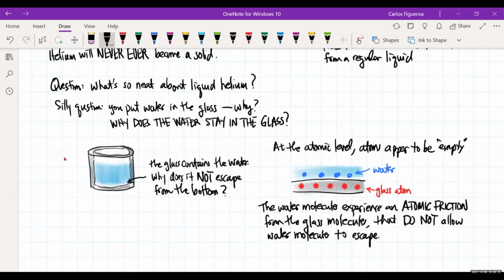And this atomic friction is really about the electrical force between these guys. It's the electrical force that stops the molecules from leaving here.